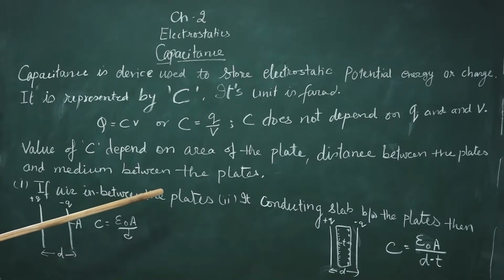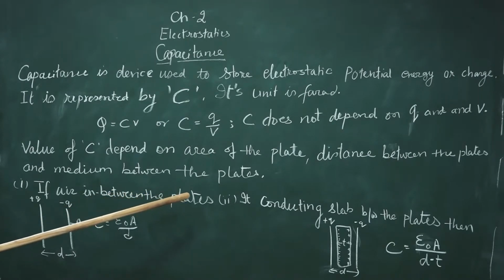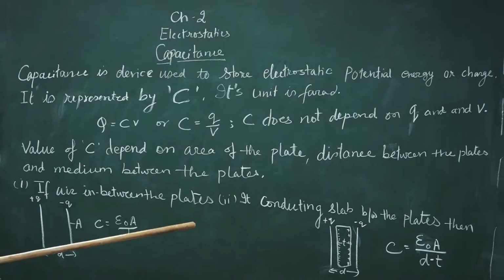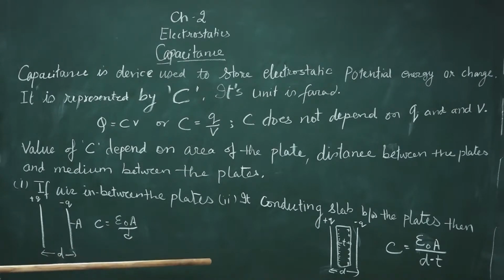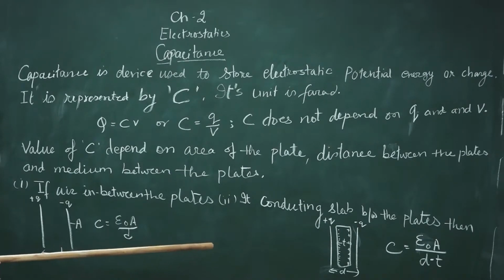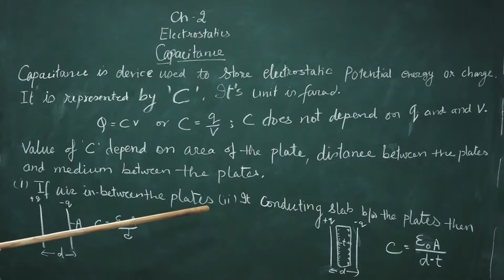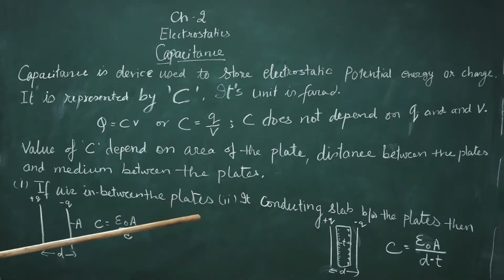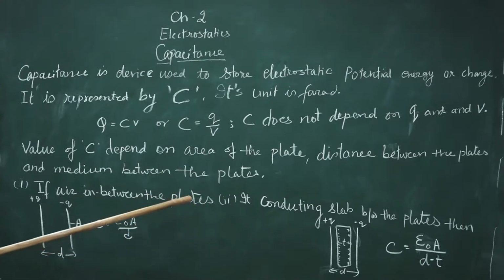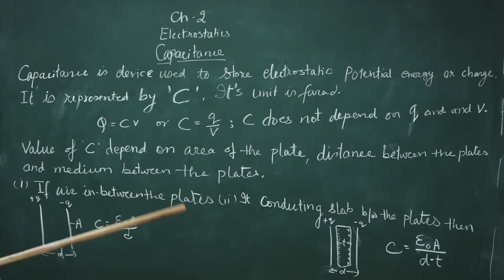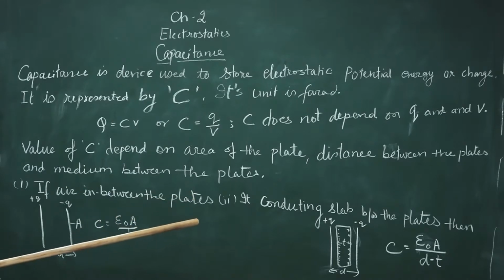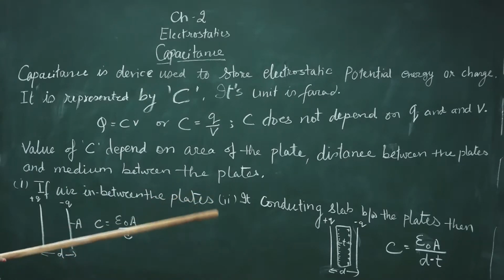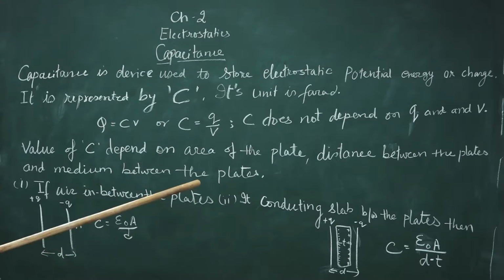The second is the conducting slab between the plates of the capacitor. That conducting slab has a thickness of T and the distance between the plates is small d. The first plate is positively charged, the second plate is negatively charged. If we calculate the value of C, it comes to epsilon naught A upon D minus T. The D minus T has come because the thickness T will also conduct.